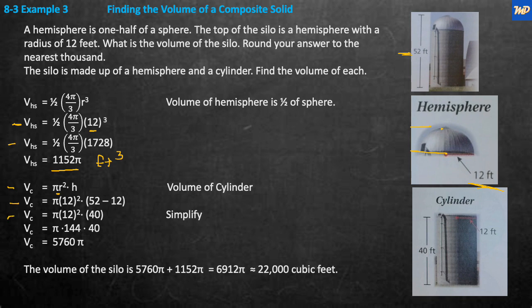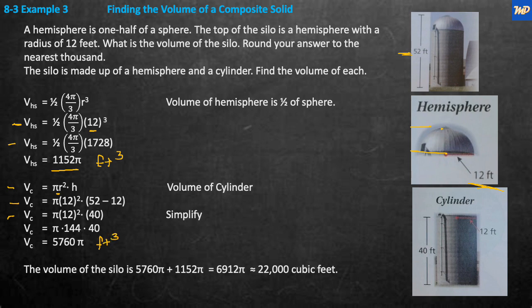Now in this equation, the volume of the cylinder is pi times 12 squared, 144, times 40. So here it is, pi times 144 times 40. And the answer there is 5760 pi. And guess what? It's going to be feet cubed.